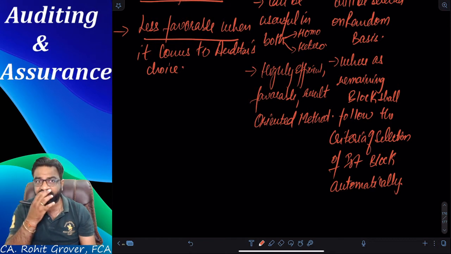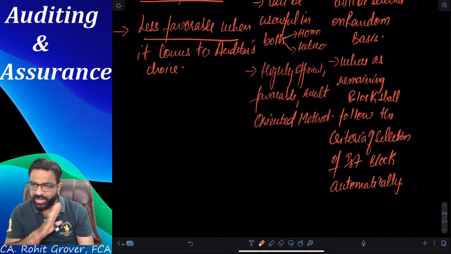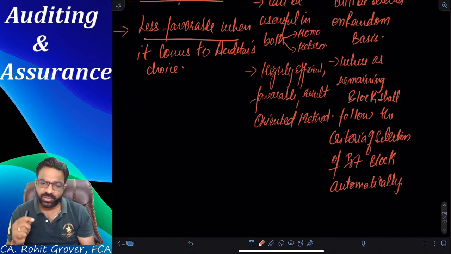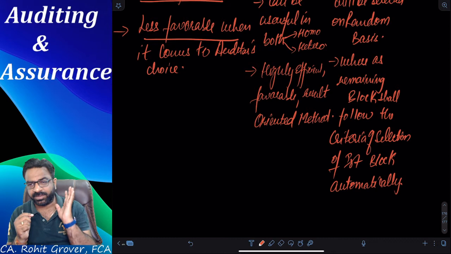It means either it is the month of June, July, August, September, May, October, November, December, whatever the month, we are not going to do any random selection. We are going to follow the same dates which we first selected in the month of April.